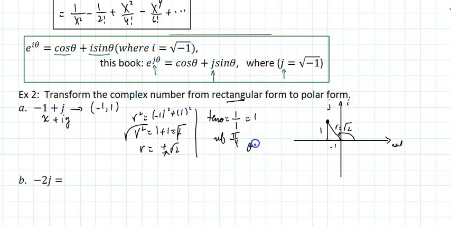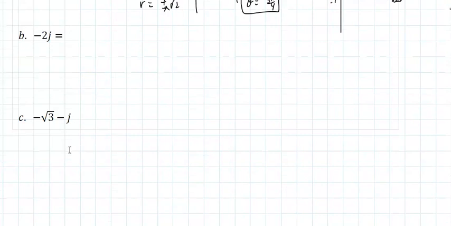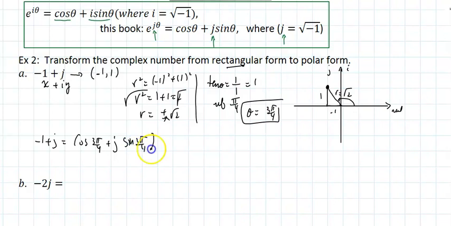So in the second quadrant, the angle theta happens to be 3 pi over 4, which means I could write -1 plus j as the cosine of 3 pi over 4 plus j times the sine of 3 pi over 4, times r. And r in this case is radical 2.